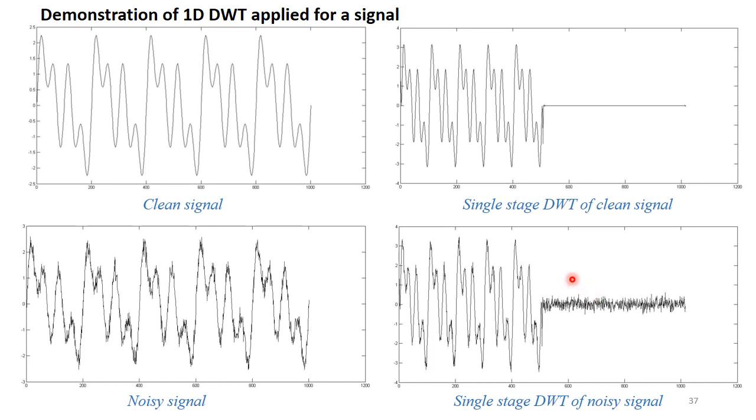Now how to perform denoising? For this high frequency component, if you make it equal to 0, then most of the noise gets eliminated, right? That's the shrinkage rule. Shrinkage is not applied to the low frequency region, it is applied only to the high frequency component region, because almost all the noise components lie in the high frequency region.